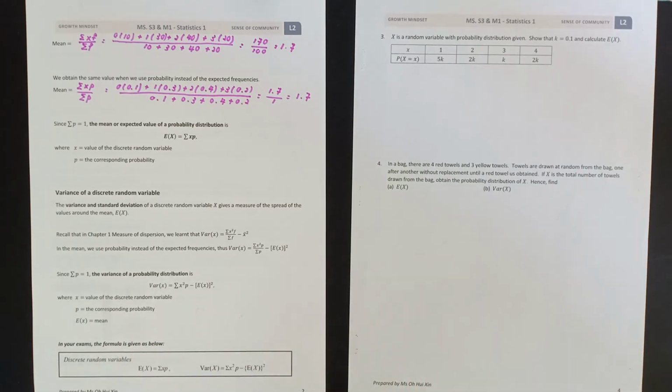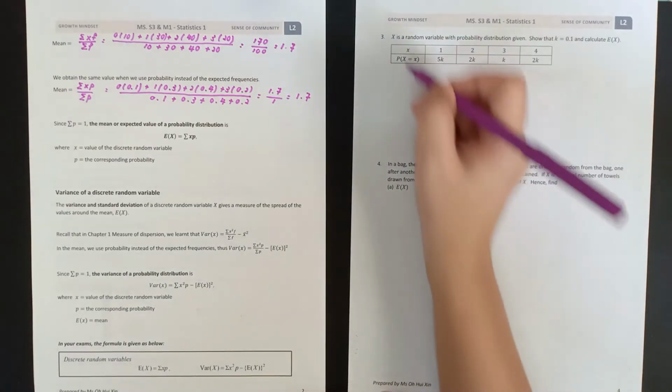Number 3. X is a random variable with the probability distribution given. Show that k is 0.1 and calculate the expectation. This is much easier than the question just now, because I think you actually learned how to solve this in the previous lesson.